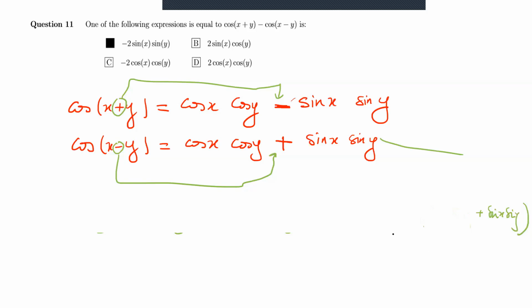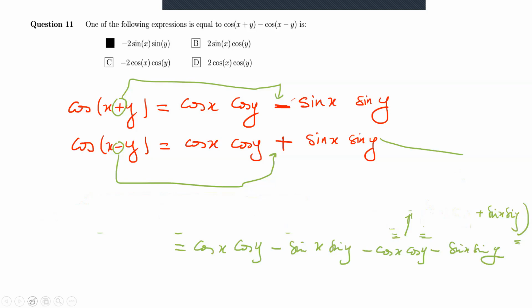To avoid mistakes, use parentheses, especially when we have subtraction. Now just remove the parentheses and it will be easy: cosine x cosine y minus sine x sine y minus cosine x cosine y minus sine x sine y, and we simplify.